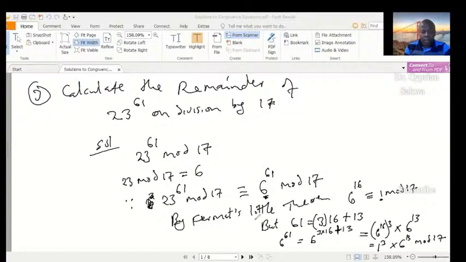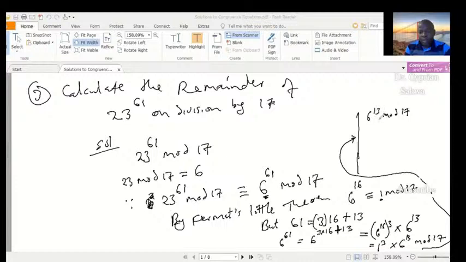So let me now create some space for us. You can follow from here. So this is just 6 raised to 13 mod 17.